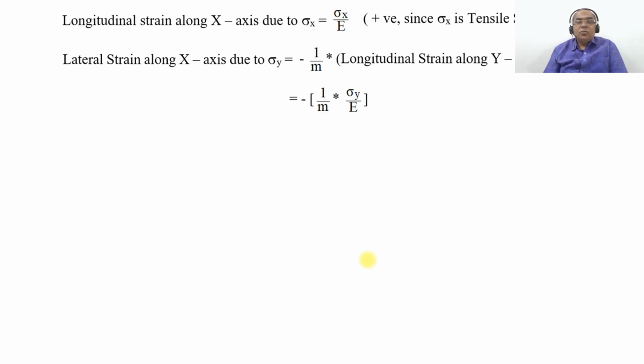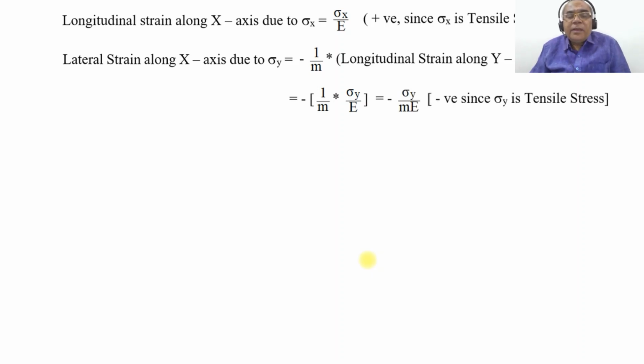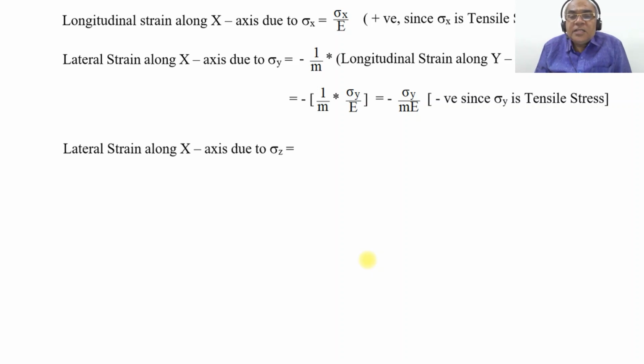That is equal to minus 1 by m into sigma y by E, that is, minus sigma y by m E. It is negative since sigma y is tensile stress, and the lateral strain is reduced.